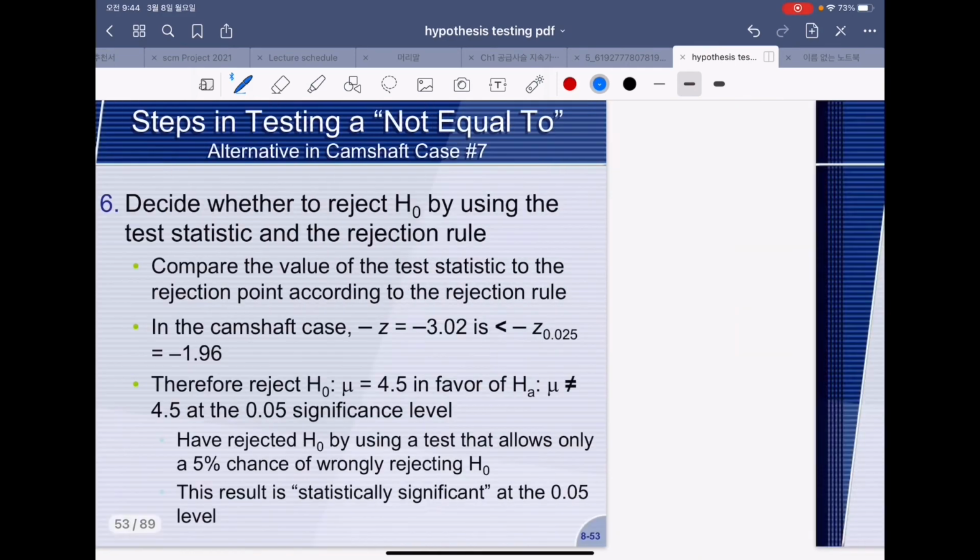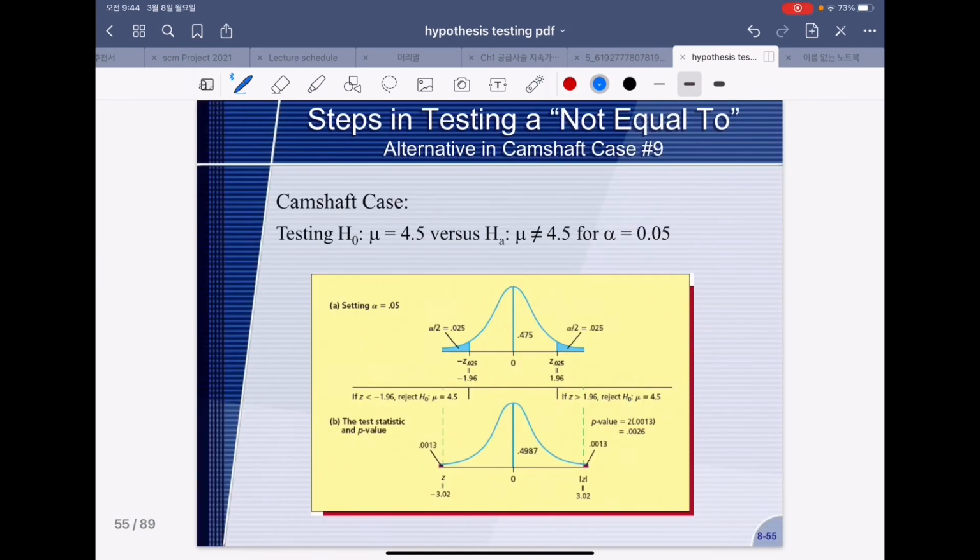The reason is that if X bar is big or small, then you are going to reject the hypothesis. That's why the rejection region is located at both sides of the curve, right?